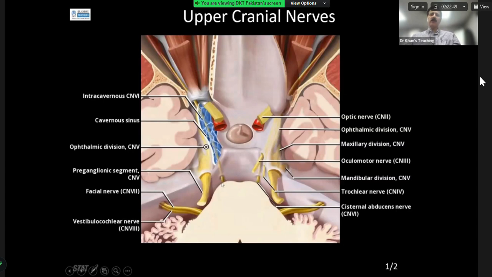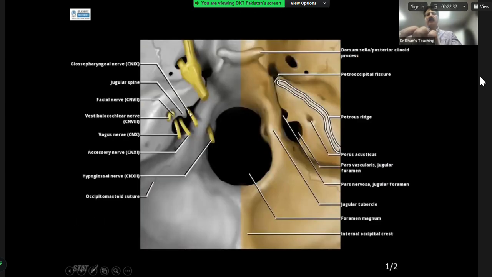Now, 6th nerve passes through the sphenoid bone and goes into the cavernous sinus, and of course goes into the orbit. 7th and 8th nerves, they go into the internal auditory canal. And 9th, 10th, and 11th, they go into the jugular foramen. 12th nerve, this is the hypoglossal canal, we'll cover it next time.